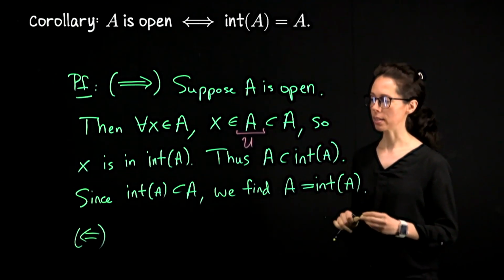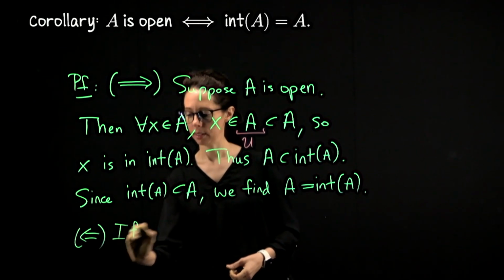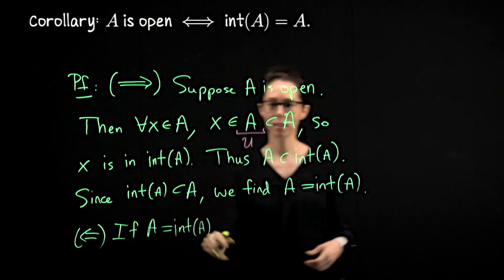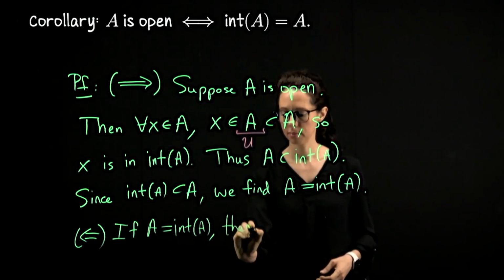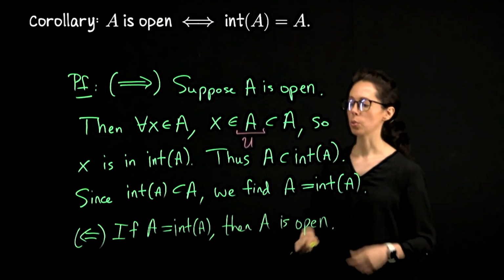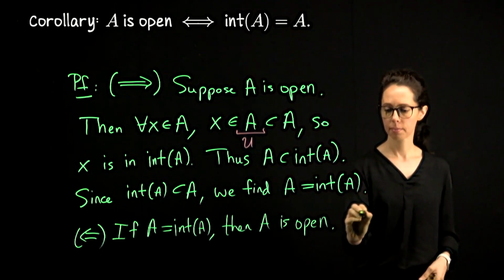So if A equals the interior of A, then by what we just talked about, A is open, since we characterized the interior of A as a union of open sets.